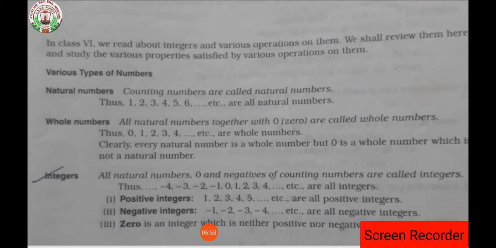Mainly 4 types of properties an integer has: addition property of integers, second is subtraction property of integers, third is multiplication property of integers, and the fourth is division property of integers. So tomorrow we are going to see these 4 properties.